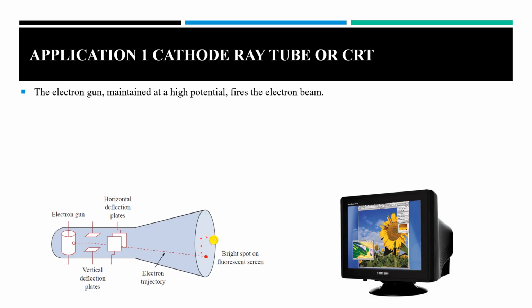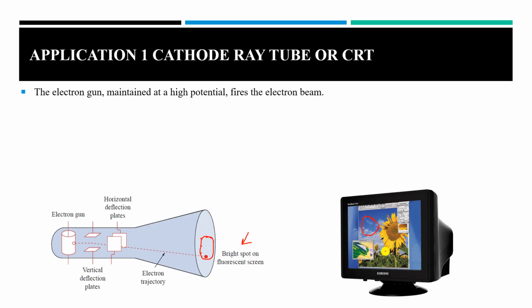Then we can form any shape we would like, for example a circle. So when we look at the screen, we will have a circle like this, which is formed from a large number of electrons when they hit a fluorescent screen. So when electrons hit a fluorescent screen, we will have a bright spot.